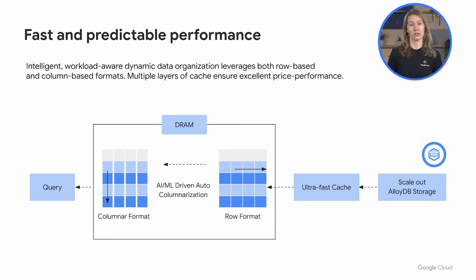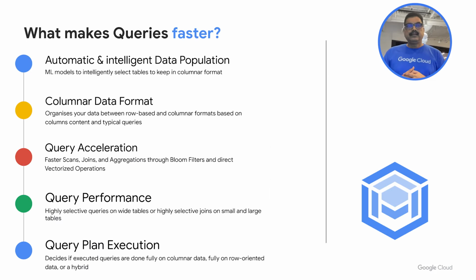Column store queries use far less CPU than queries that scan the buffer cache or storage. You may be able to get by with fewer virtual CPUs, which may cost you less, as AlloyDB charges by the virtual CPU. Let's have a closer look at the columnar engine and why it makes analytical queries so fast from a technical perspective.